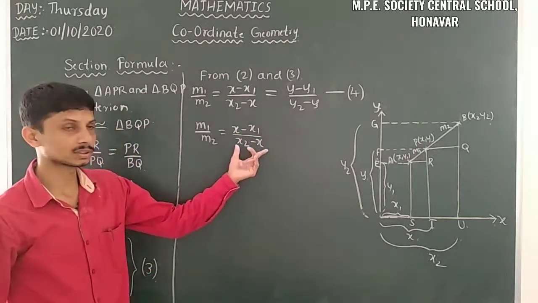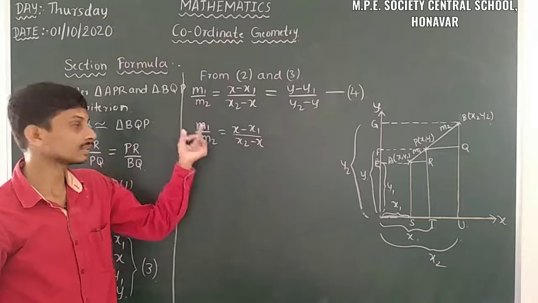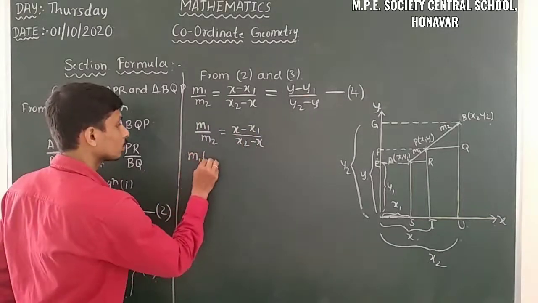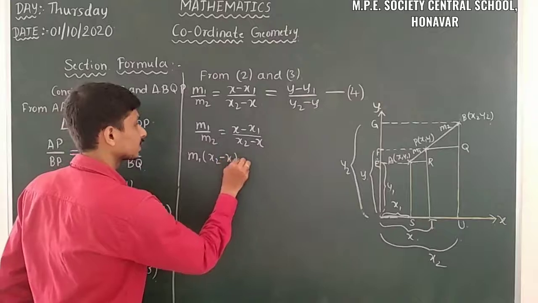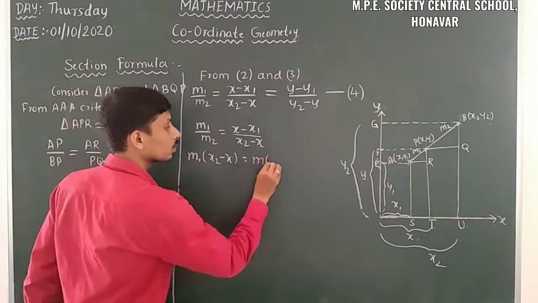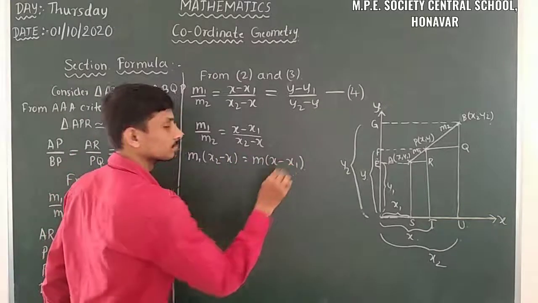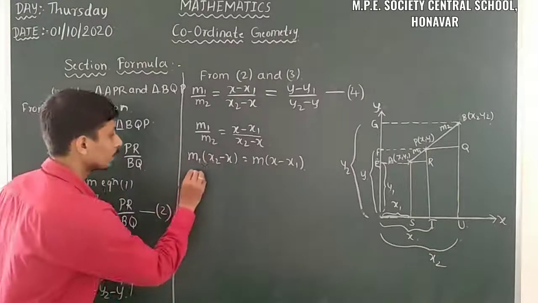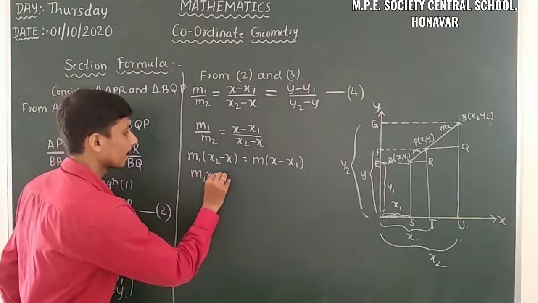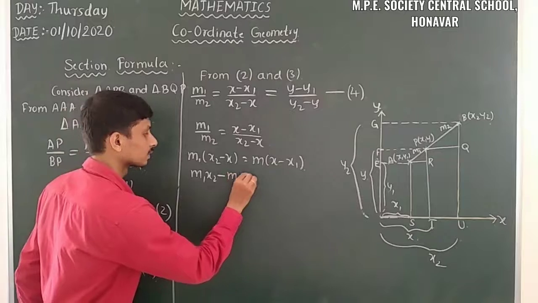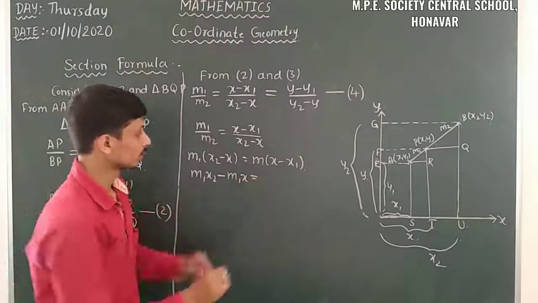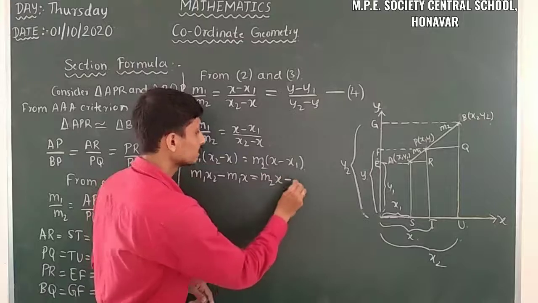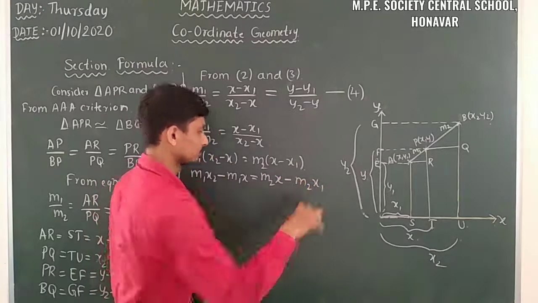Firstly, I will transpose this m2 to the other side. What happens here? m1 into x2 minus x is equal to m2 into x minus x1. Then we have to multiply. Then m1x2 minus m1x is equal to m2x minus m2x1.